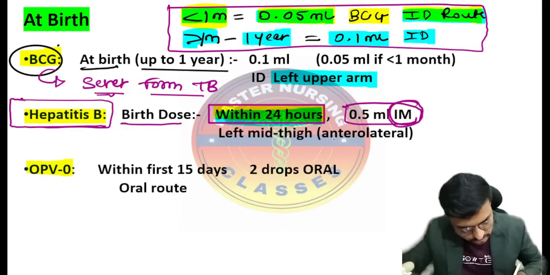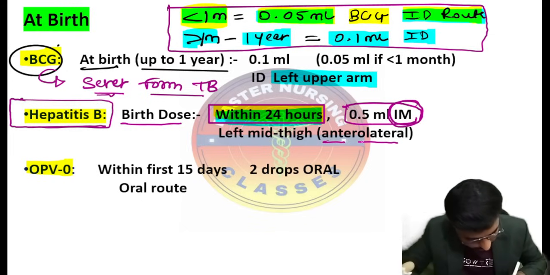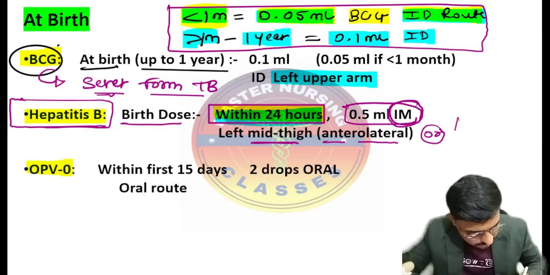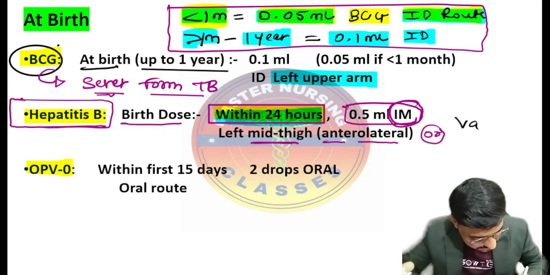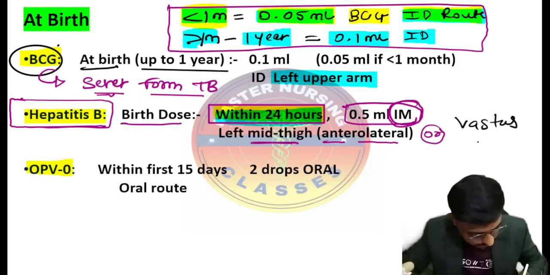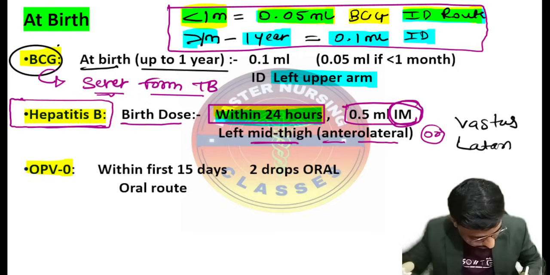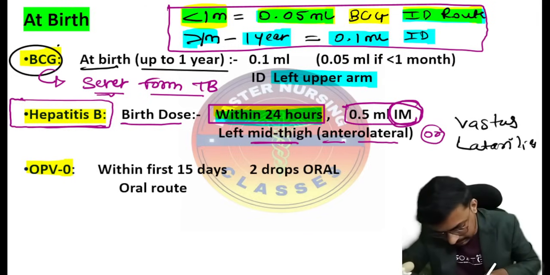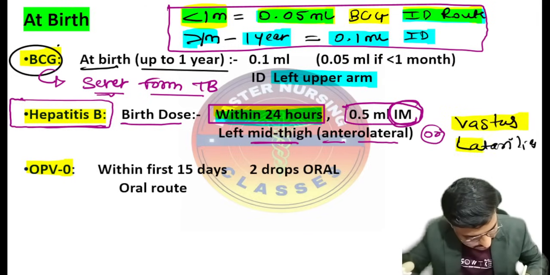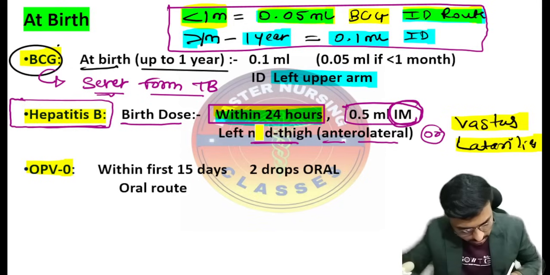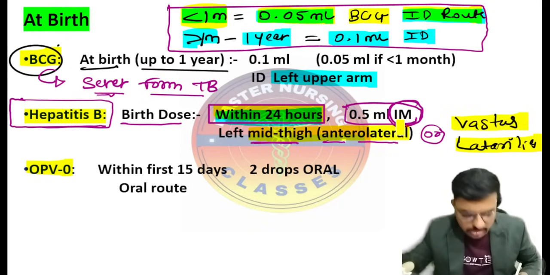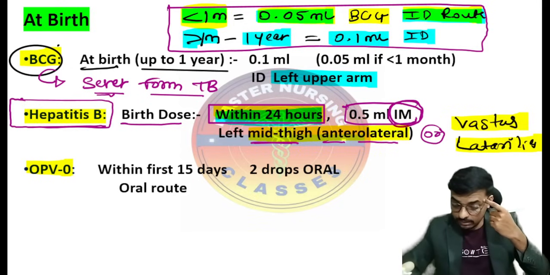So the site is the anterolateral aspect of the mid thigh, and the muscle is the vastus lateralis. The vastus lateralis is the muscle where we give injections in newborns, especially IM injections. Very important, please do remember.